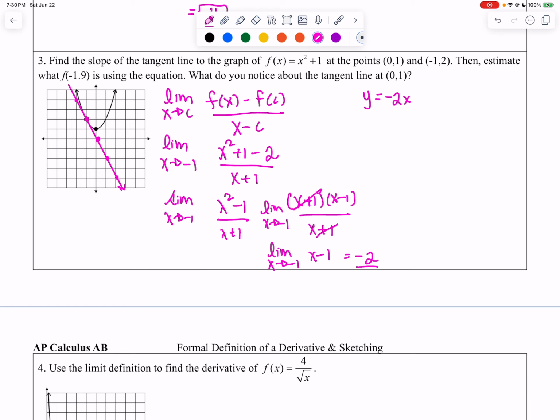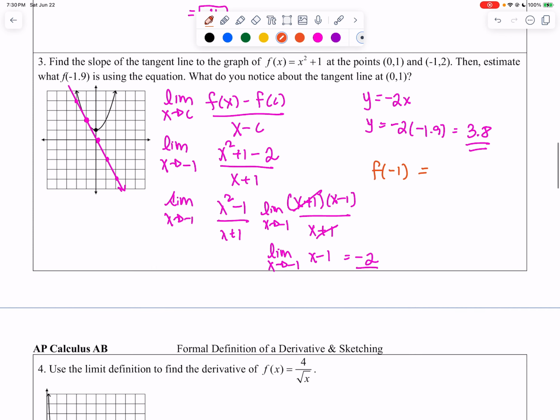Now, if I were to estimate f of negative 1.9, I'm going to plug in negative 1.9, and that's going to give me 3.8. Now, my actual value of f of negative 1.9, if I were to plug this in, is 4.61.